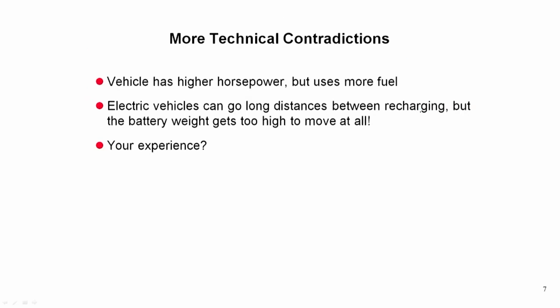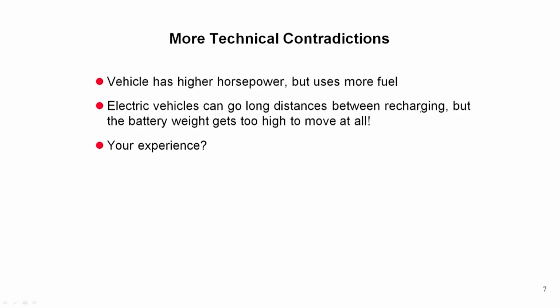Technical contradictions, you can also think of, for example, a vehicle has higher horsepower, but uses more fuel, a contradiction. Electric vehicles need to go long distance between recharging, but the battery weight then gets too high, a contradiction. And many others from your experience, as I will be talking about, please start to think of it, that many other contradictions.